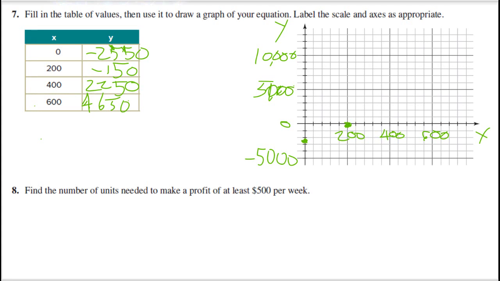I go to 400, then I go to 2,250, which is between the 2,000 and the 3,000 line. A little bit closer to the 2,000 line, not halfway in the middle. And then when I go to 600, I am at 4,650, which is closer to 5,000 than it is to 4,000. Okay. So I've got my graph.